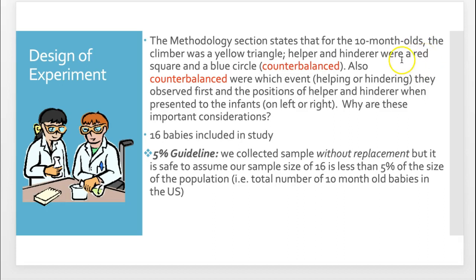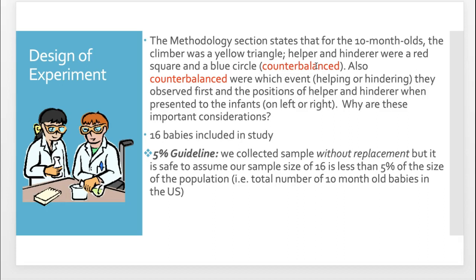So what they're saying by counterbalanced is that the shapes and colors were all switched around, meaning that sometimes the helper was a blue square, sometimes a blue circle, sometimes a yellow triangle, sometimes the red circle.